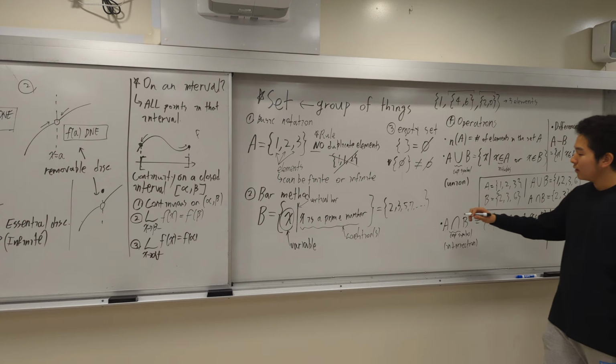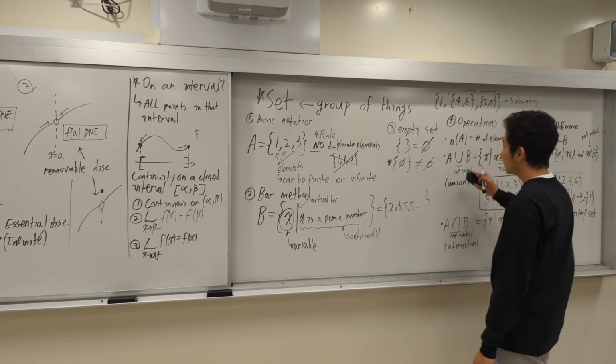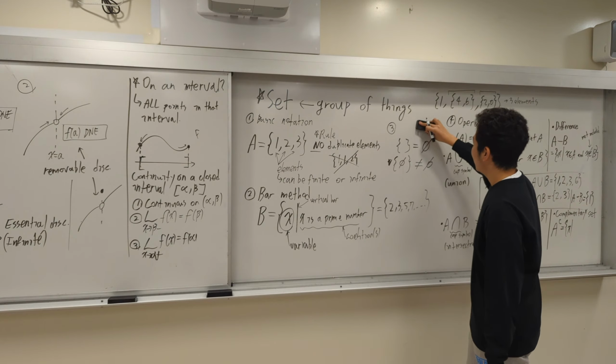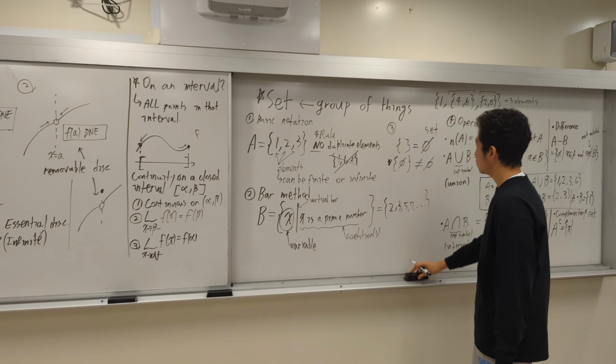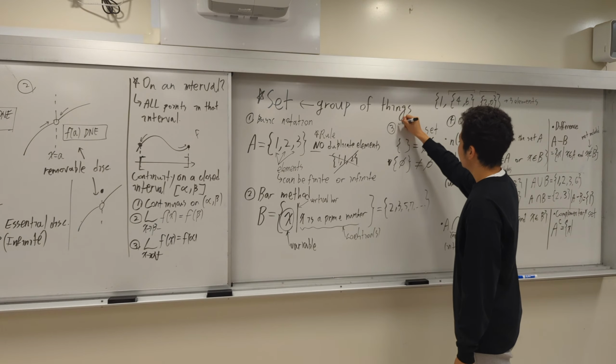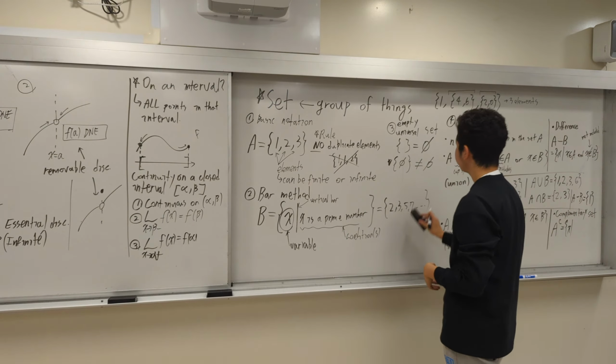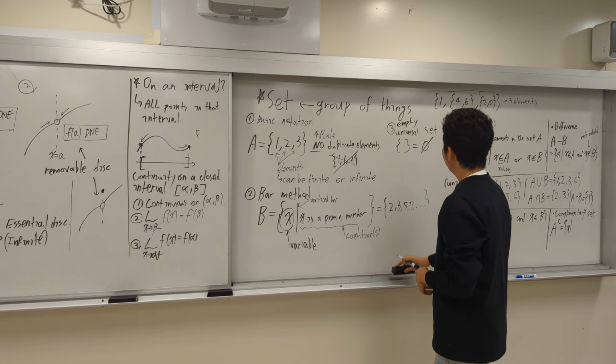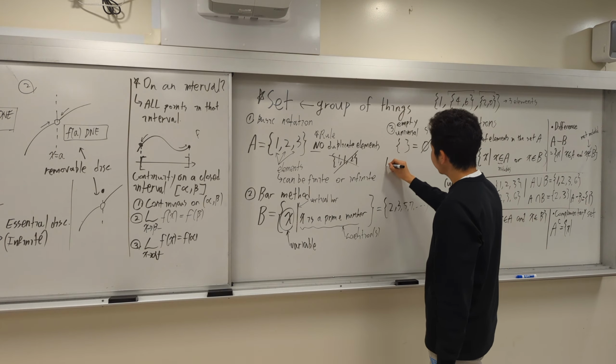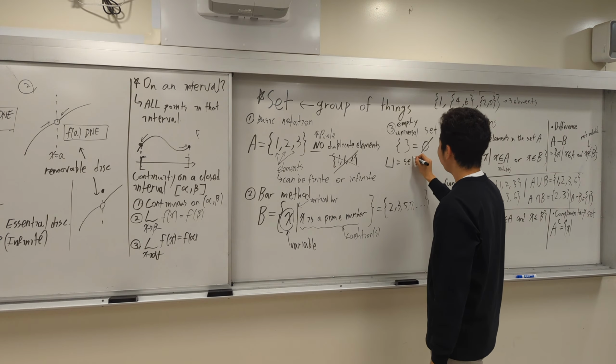Oh yeah, in order to introduce the complementary set, I need to introduce you to the universal set. So the empty set is that. The universal set is the set of everything.